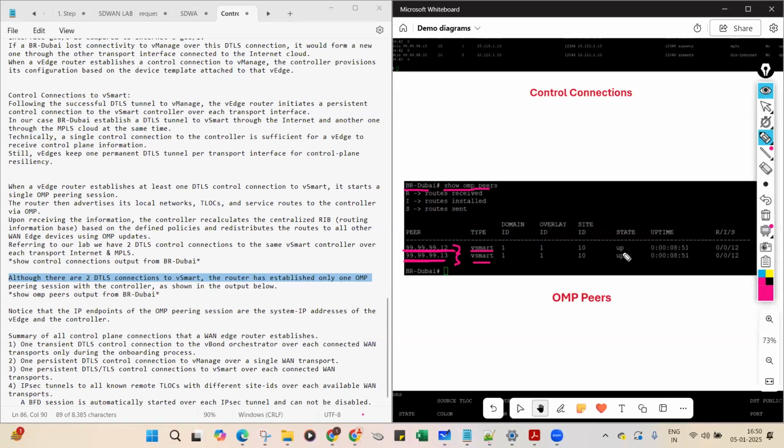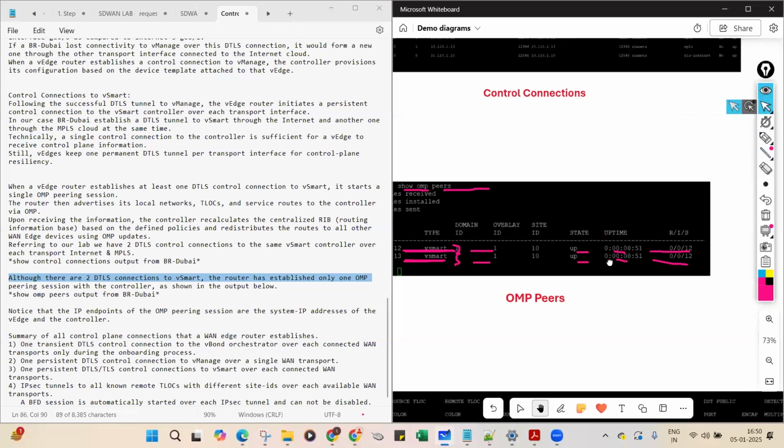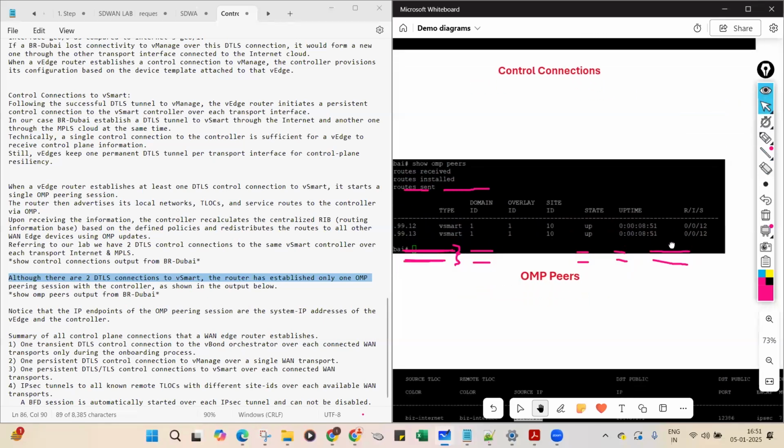We can also see the state and the uptime, and the site ID of the controllers as well. Apart from that, it also shows how many routes are received from the vSmart, how many routes are installed from the vSmart, and how many routes are sent to the vSmart. We will discuss this in detail when we go through our lab sessions.